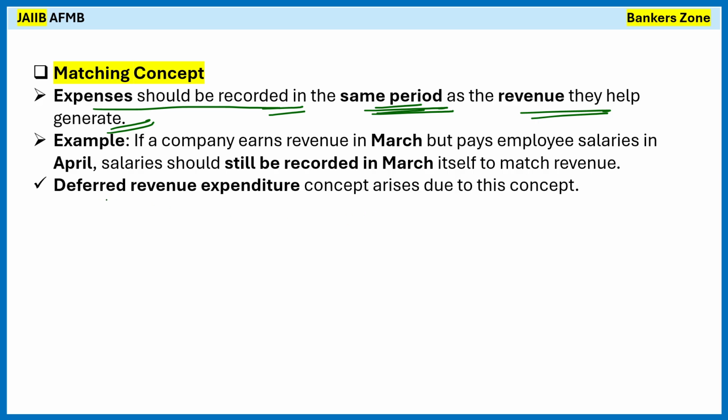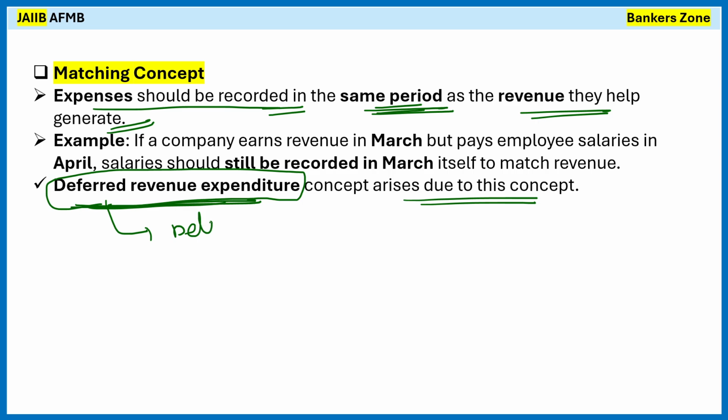Now, which concept gives rise to deferred revenue expenditure? This is very, very important from the exam point of view. They will ask you which of the following concepts gives rise to deferred revenue expenditure. What is deferred? Deferred means delayed, or that we will pay later on. For example, I have to pay a light bill. On the 6th I received the light bill, and they are offering that if I pay by the 18th I will get a 10 rupees discount.